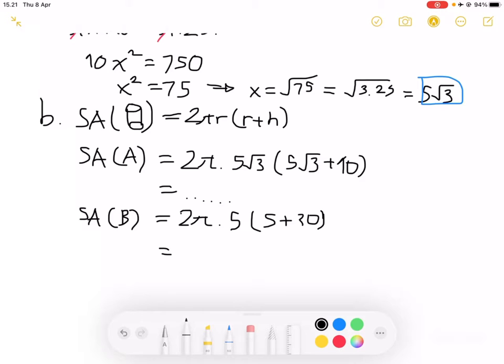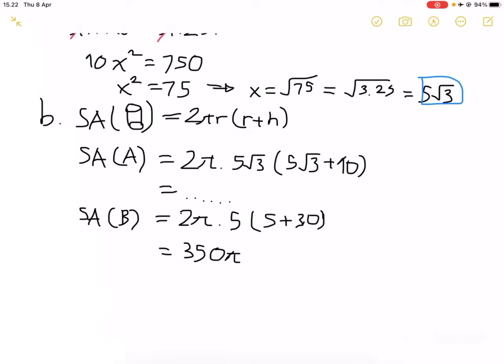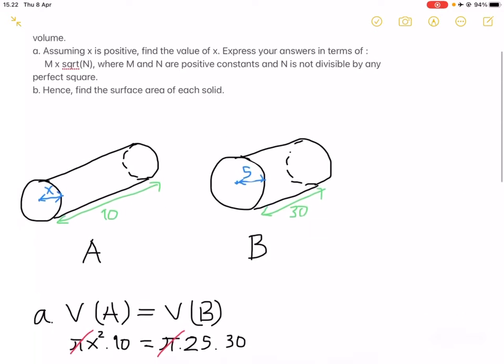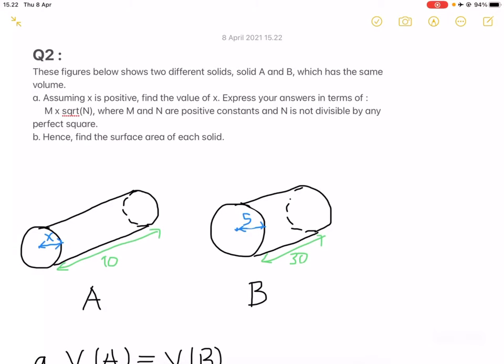So thus we have 350 pi. And from here you can either plug in the value of pi into a calculator, or use some approximations like 3.14 or 22 over 7 if you would prefer that. Alright, and that is it for the second question. Let's jump into the third one.